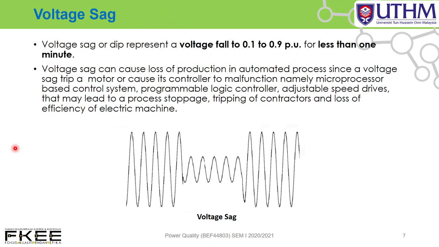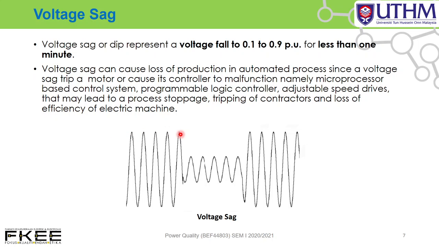Okay, first of all, we discuss voltage sag. What is voltage sag? Look at this figure. Let's say this is a normal voltage. For a few cycles we have a normal voltage, 1 per unit. This is 1 per unit magnitude of the normal voltage.